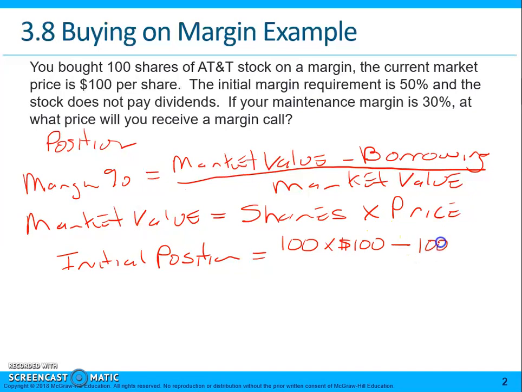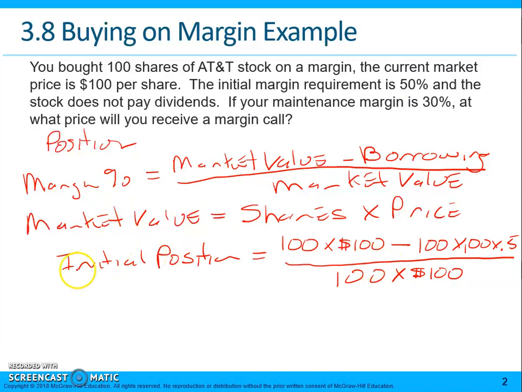So that's 100 times 100 times 0.5, and then that's divided by 100 times $100. So this is 0.5 over here.